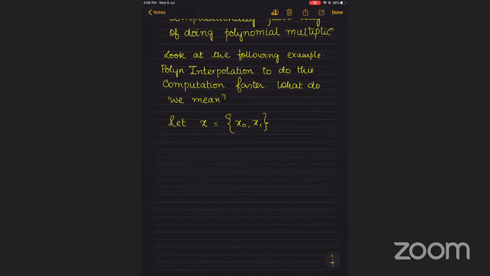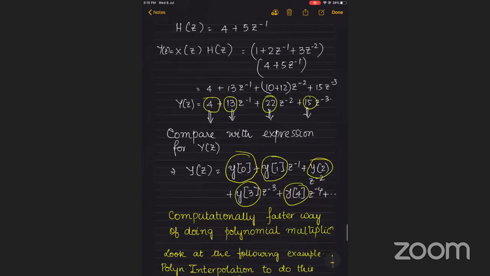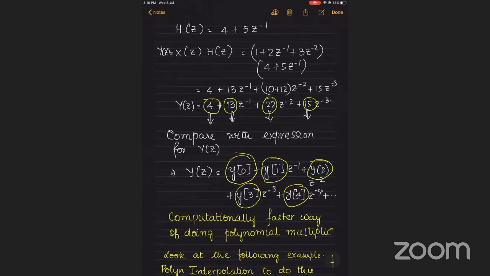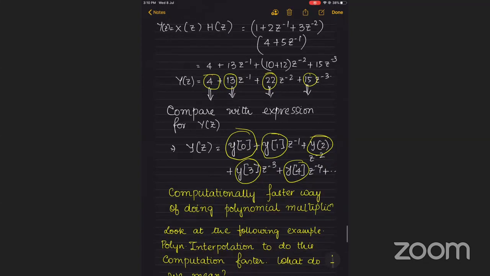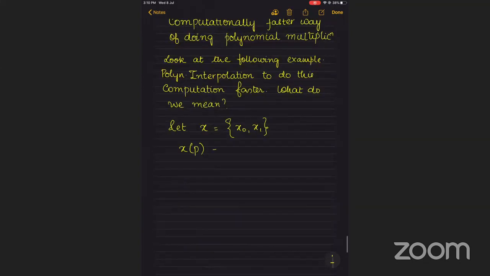Now I'm going to express this x sequence as a polynomial x of p, like what we did for our z transform. We took the z transform, which is basically a polynomial in z with negative powers. The same way is what I'm going to do now. I'm going to express x of p as x naught plus x1 p. Look at the similarity between the z transform and this. Then we'll finally come back to it.